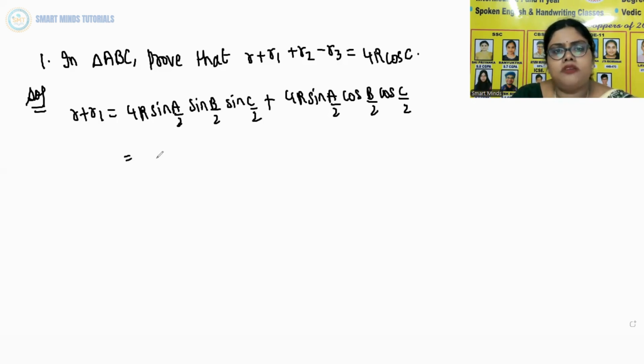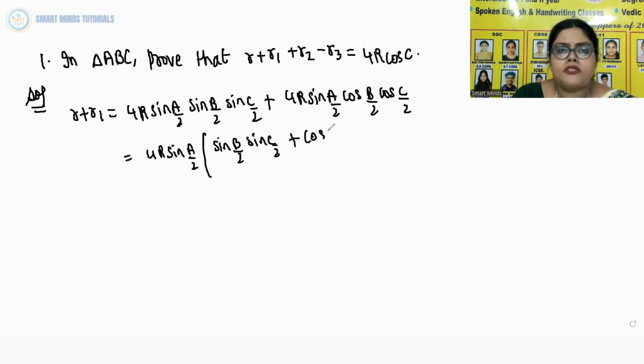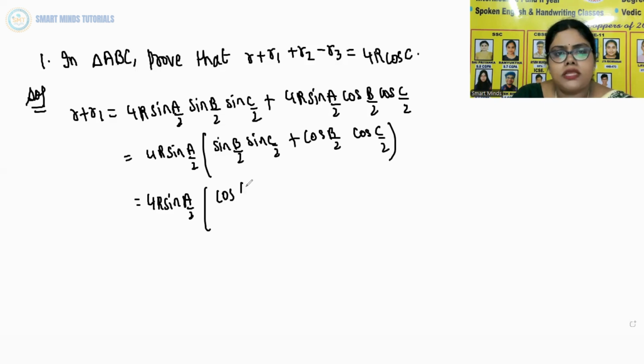So from these two, if I take 4R sin A/2 common, we will get sin B/2 sin C/2 plus cos B/2 cos C/2. Now this bracket is in the form cos A cos B plus sin A sin B, and the formula is cos(A minus B). So we are applying that formula and we will get 4R sin A/2 cos((B minus C)/2).